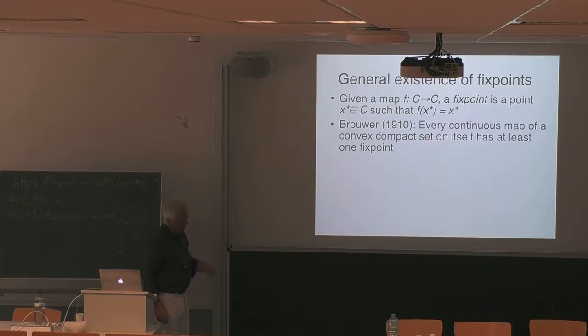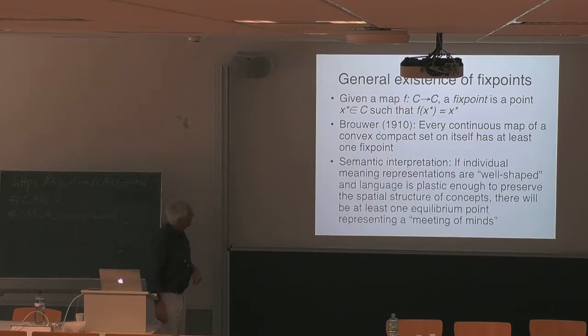Then we use a famous theorem by Brouwer saying that every continuous map has at least one fixed point. This means that if we satisfy these conditions that I just gave you, then there will exist a meeting of minds.